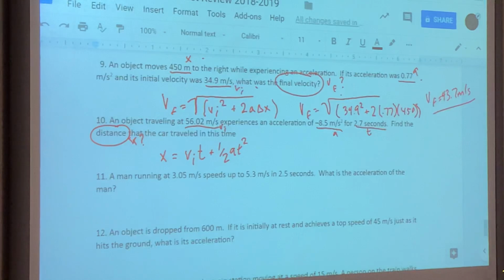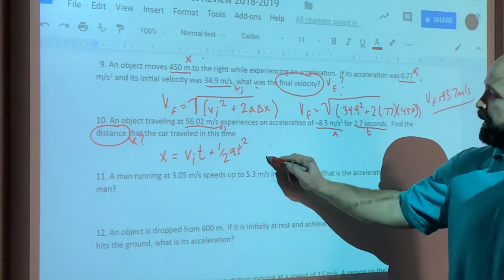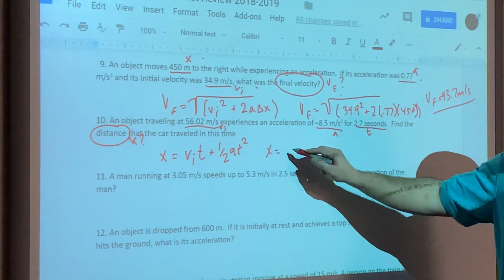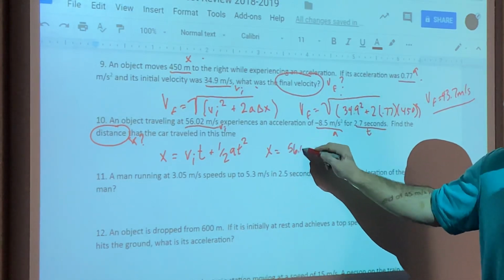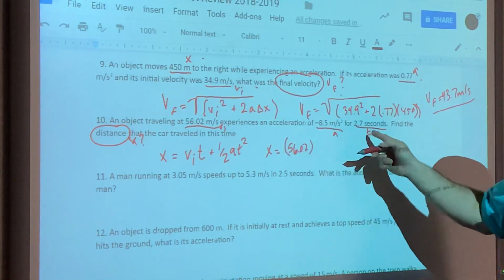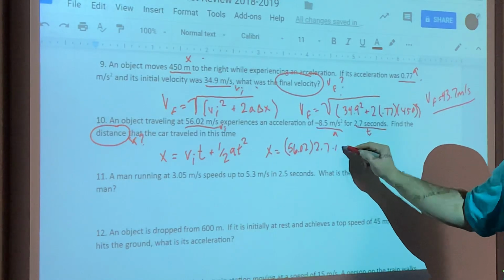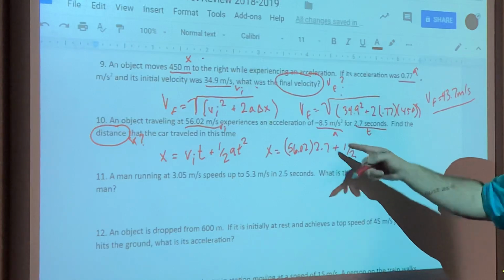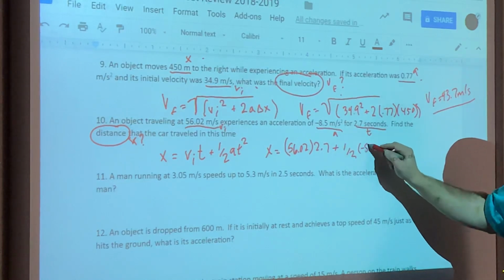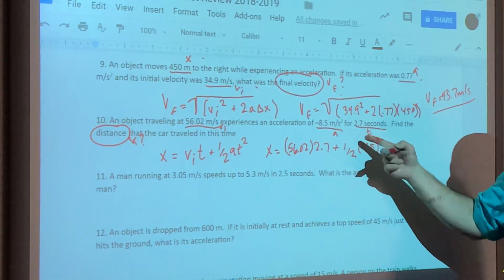There's always going to be a situation when you look for the equation that none of them will make sense except that certain one. So when we plug in our numbers here, it's going to be 56.02 times the time of 2.7 plus 1/2 times the acceleration times the time squared.